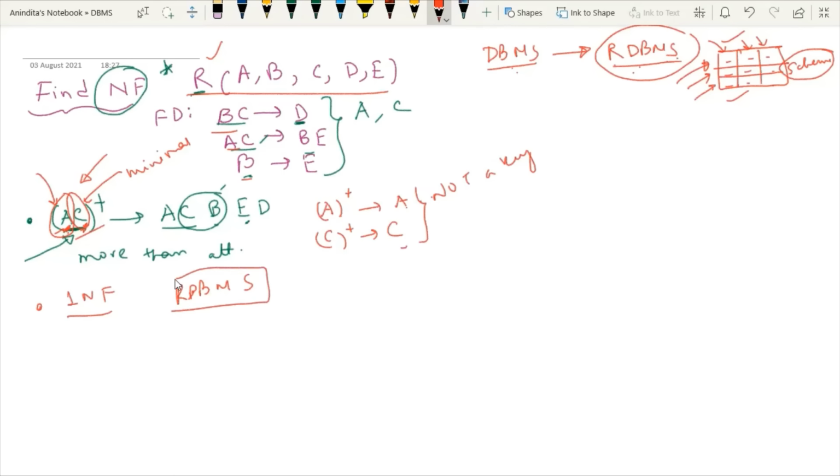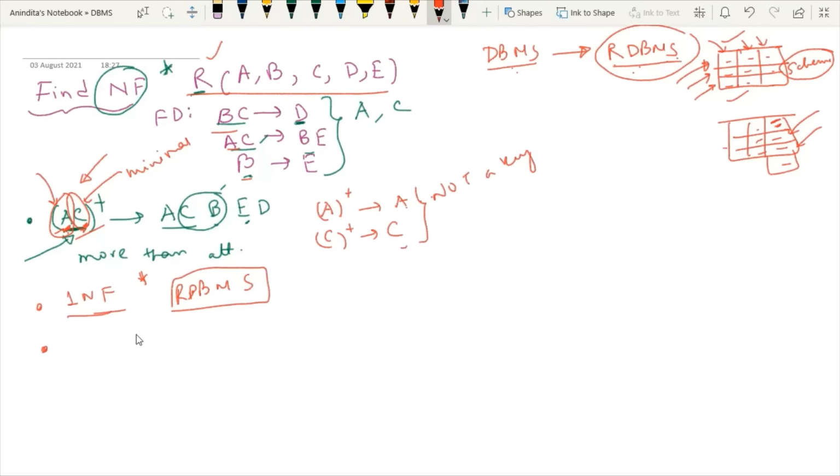So whenever I am talking about RDBMS, there is no chance that a particular column has more than one value. You have to consider that each and every column has only one single value, that is the atomic value. So this is a rule of RDBMS. So that's why an RDBMS will always be in 1NF. So no need to check.